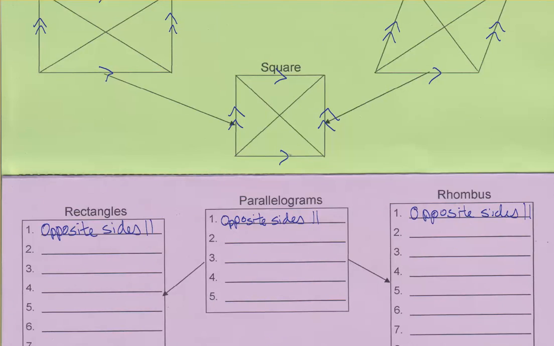Our second property is opposite sides are congruent. And remember, these first 5 are the same for all of them.